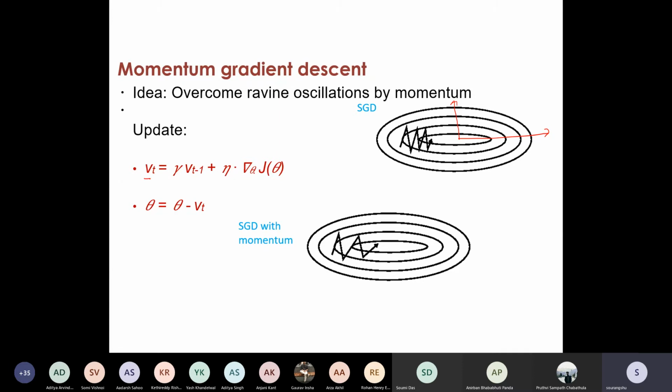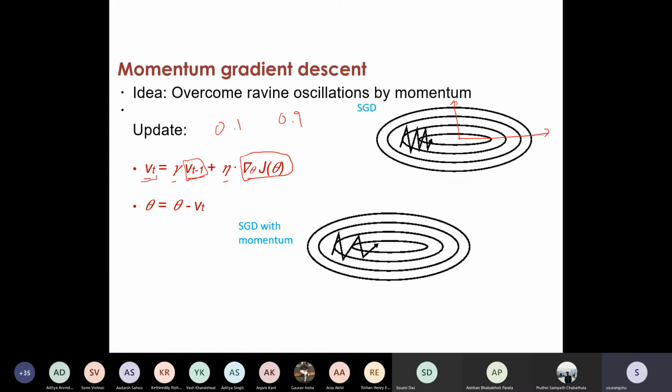Momentum would take a little bit of VT minus 1. So your gamma is, let's say, something like 0.1, and this eta is maybe something like 0.9. This is the current gradient, and this is the past update direction.